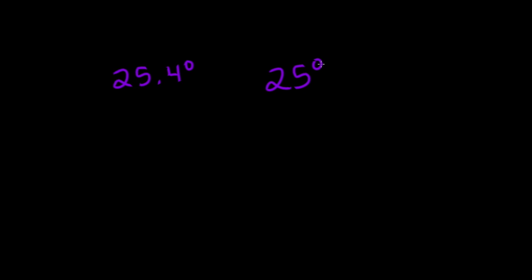Now we're going to take the 0.4 and multiply it by 60 so we can transform it into minutes form. 0.4 times 60 equals 24. So we know our answer is going to be 25 degrees and 24 minutes.